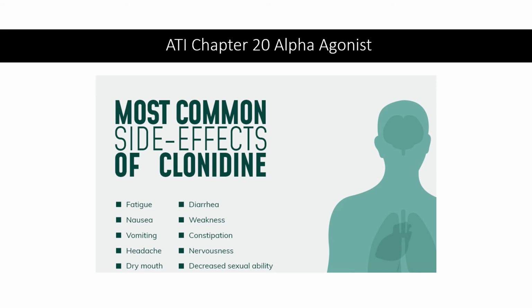Now, the other thing I want you to remember is there's really this alpha agonist. So we're going to talk about alpha 2 agonists. Now we did mention alpha 1 agonists. Remember, the alpha 1 receptors were mainly on the blood vessels.